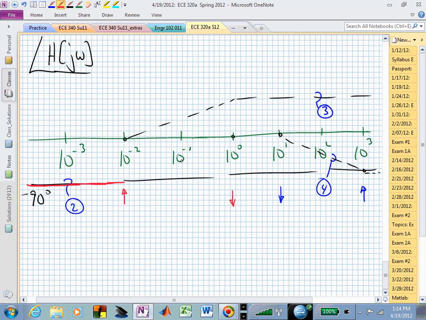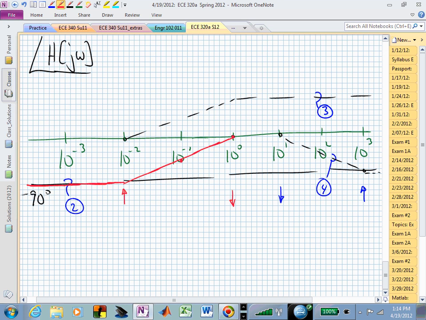Meaning at this point I would be up to minus 45, and by this point I would be up to 0 because I have now minus 90 plus 90. And it gets really interesting when you have your 2-decade spans overlapping, because then you have to turn something on, turn something on, turn something off, turn something off. You have to keep track of all of that. Is that making sense?